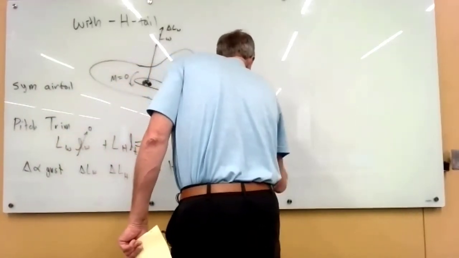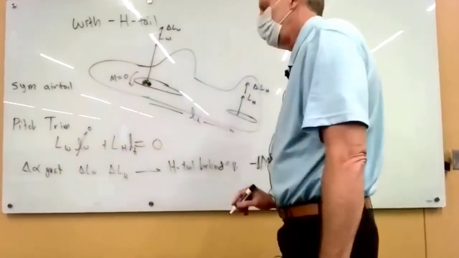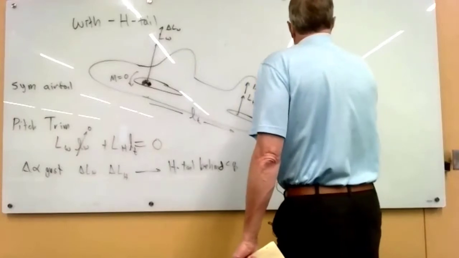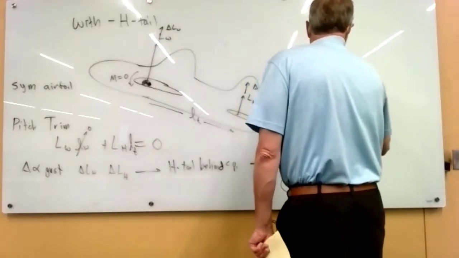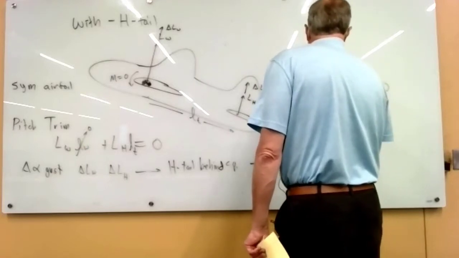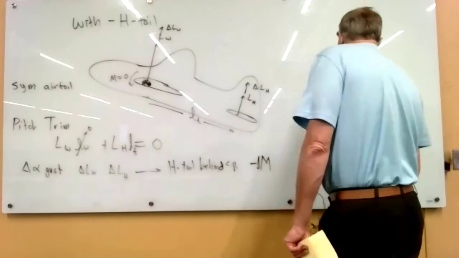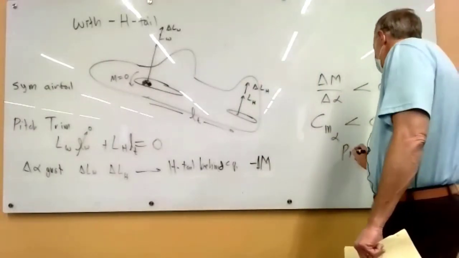And so we get a negative pitching moment, delta M, in response to the gust. So the change in pitching moment with change in alpha is negative, and we write that as the limit, and with the coefficient, we'd say Cm alpha is negative, and this is pitch stable.